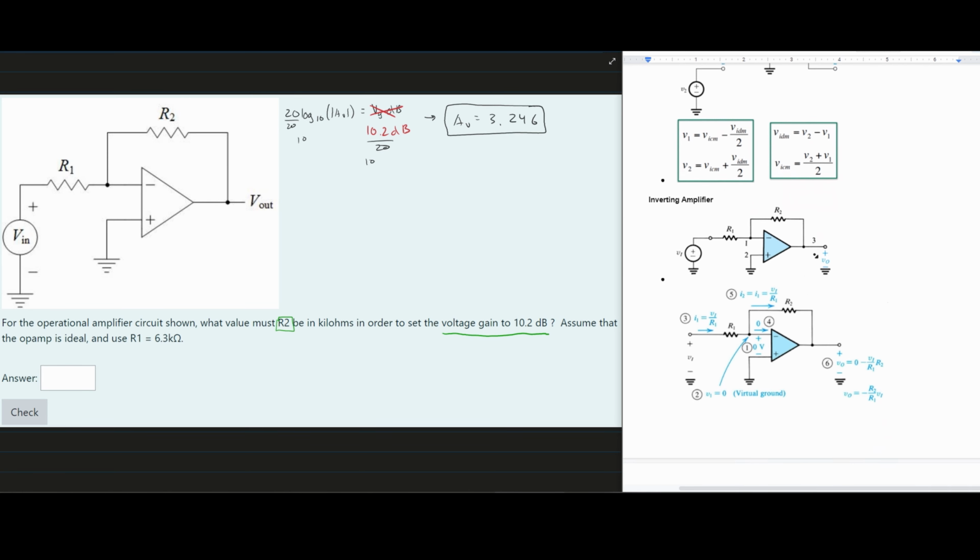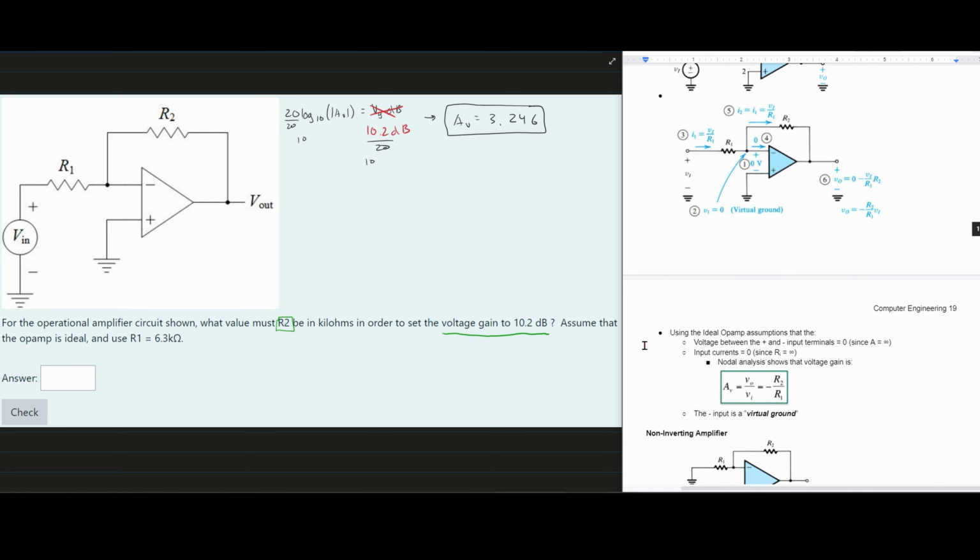Using the ideal op-amp assumptions, the voltage between the plus and minus input terminals is 0, so A is infinity, and the input current equals 0, since Ri is equal to infinity.